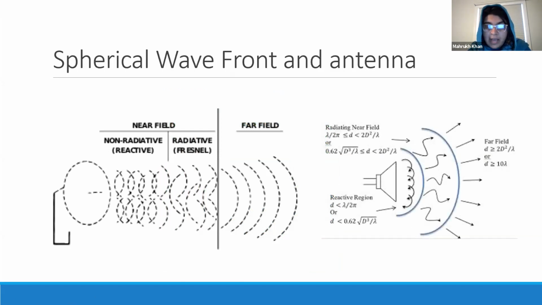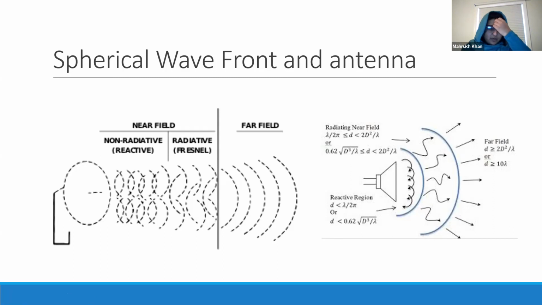So now we know what is a wavefront, what is a spherical wavefront, what is a plane wavefront. Now we can visualize how the far field is behaving. So if you see, this is an antenna, this is a radiative or reactive region, this is a Fresnel region, and this is a far field region. The far field region is also called the Fraunhofer region, okay?